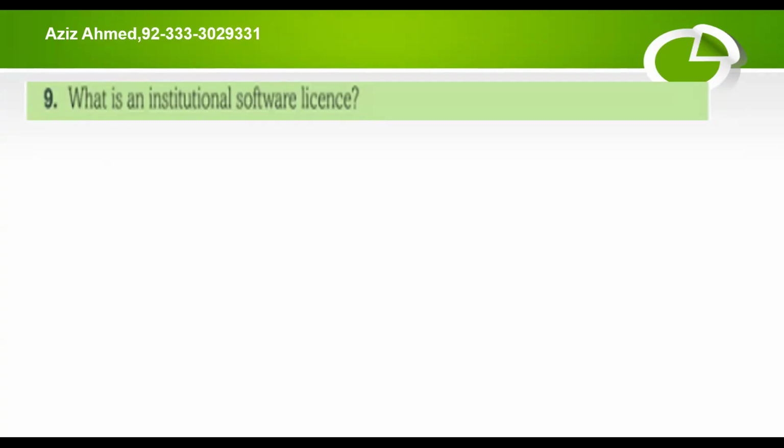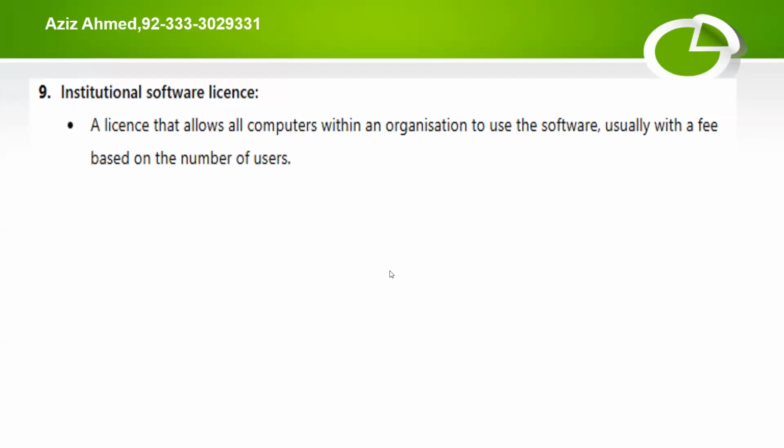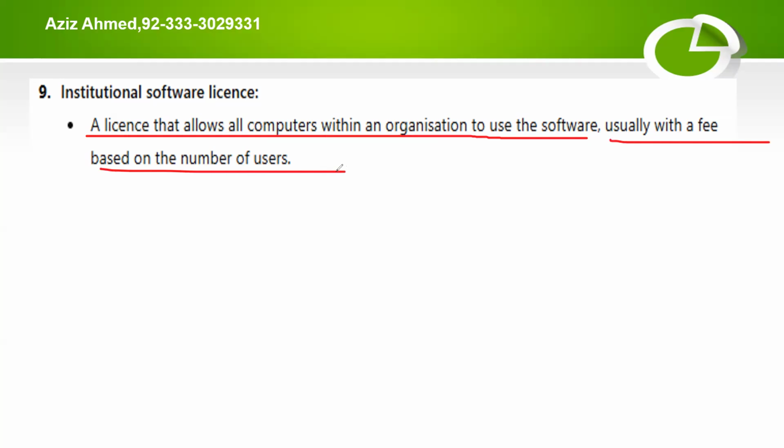It's a license that allows all computers in an organization, like a school, college, or company, to use a single piece of software. You can define it like that: a license that allows all computers within an organization to use the software, usually with a fee based on the number of users.